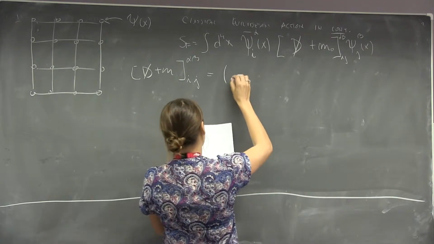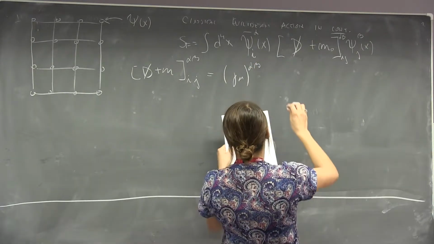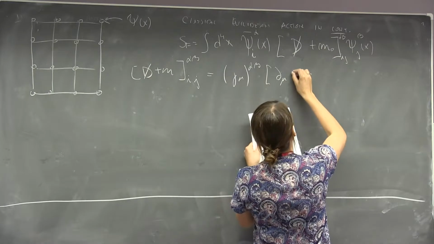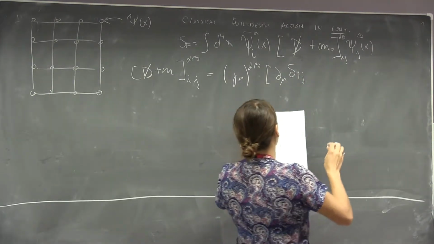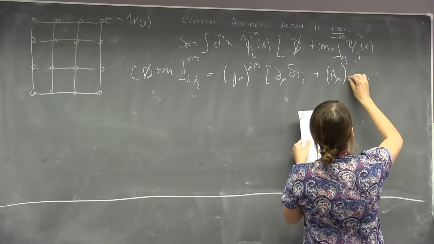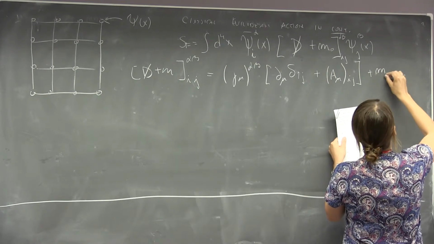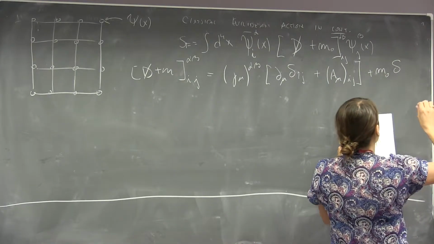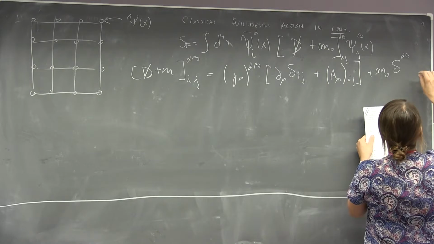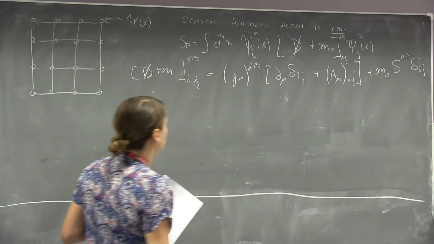In Euclidean space-time, we will have gamma mu multiplying the covariant derivative, D mu delta ij plus A mu ij, again group indices, and plus m0, which is diagonal both in the Dirac and group indices.